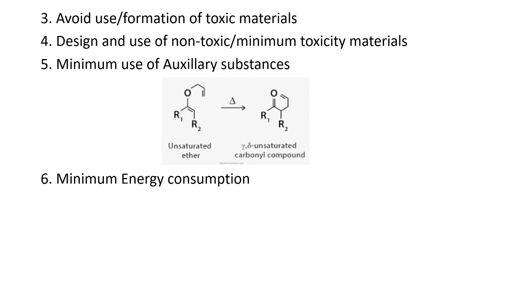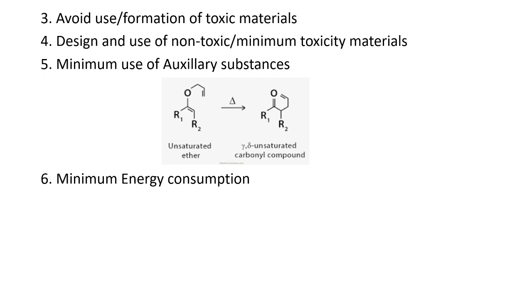For example, hydroelectric power is non-polluting. But if you are using thermal power, or a nuclear power station, then it is going to create pollution. So at the cost of pollution, the energy which is produced should be used economically. So there should be minimum energy consumption.